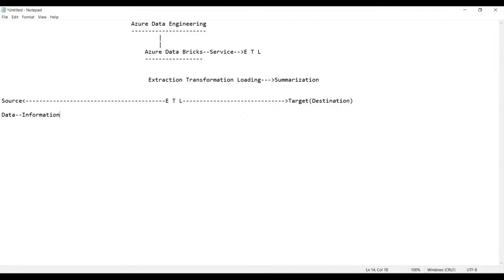So we pick up the required information from the source, that is called extraction. Once the information is extracted, you transform, that means change the format of the information. That is called transformation. And once the transformation is done, then finally you load the data into the target or the destination.